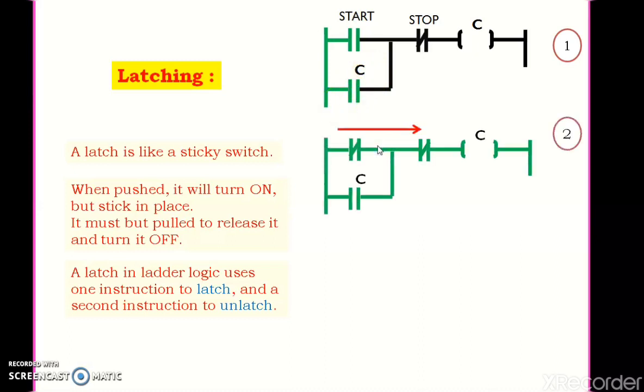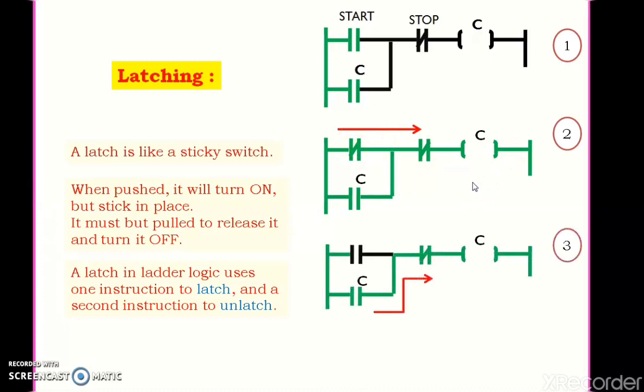Now in the second diagram it is shown that when the start switch is pressed, the coil will get energized. If we leave the start switch, at that time the supply will be made on from this one. This switch is also energized, because it is the same switch.